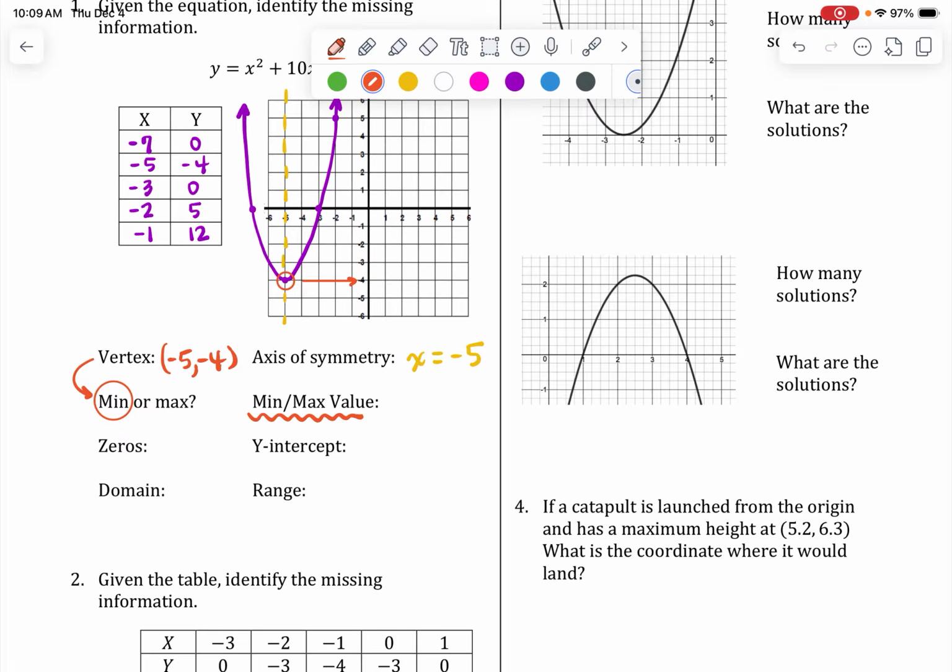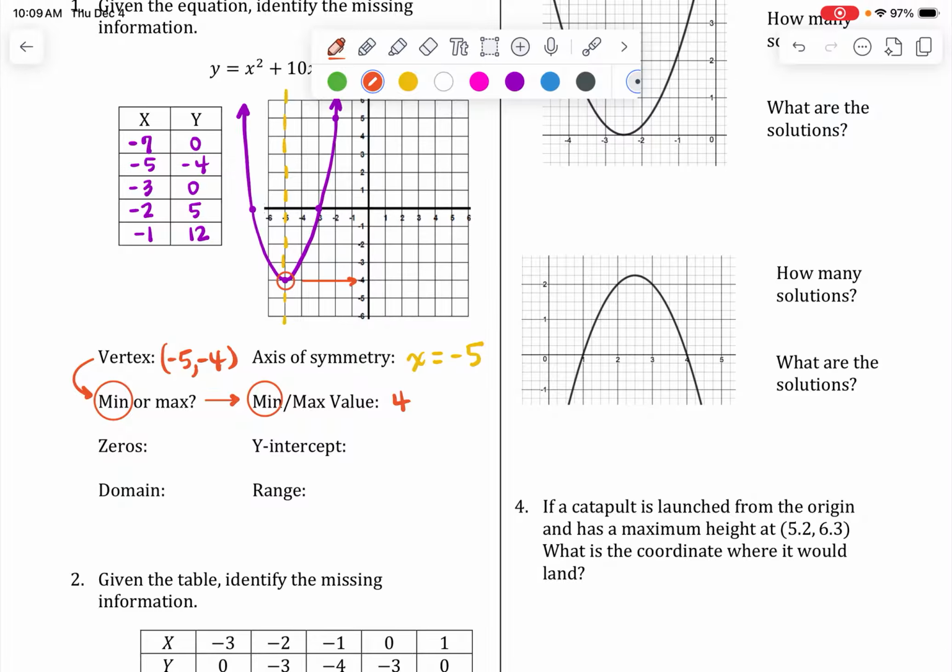So our min value is 4. Sorry. And if you want to circle minimum again, you certainly can. I'm going to draw an arrow. So all these are just linked together.